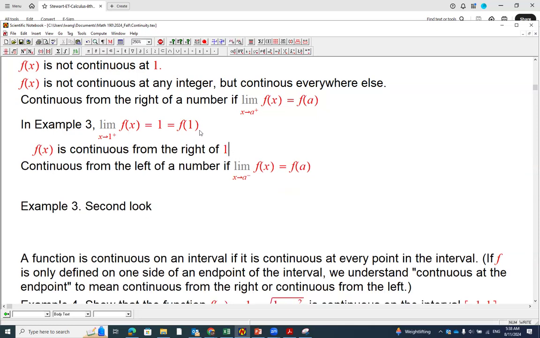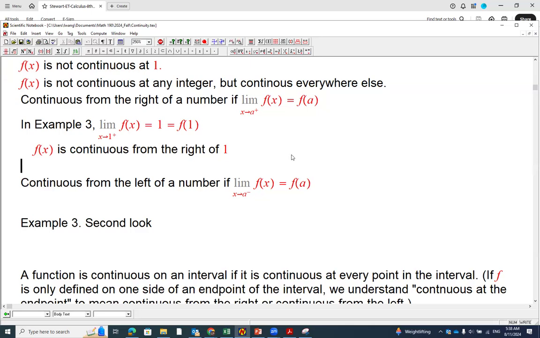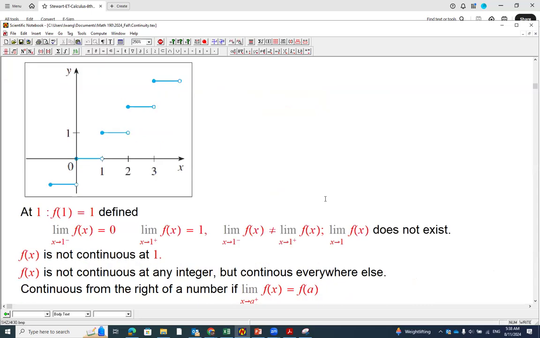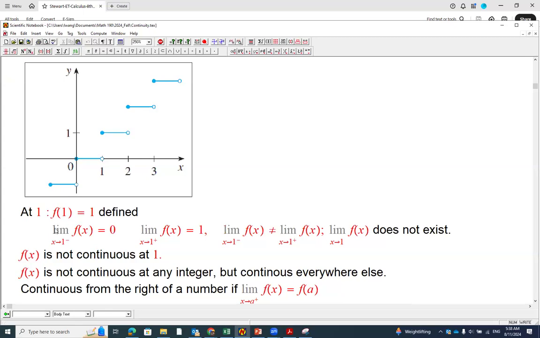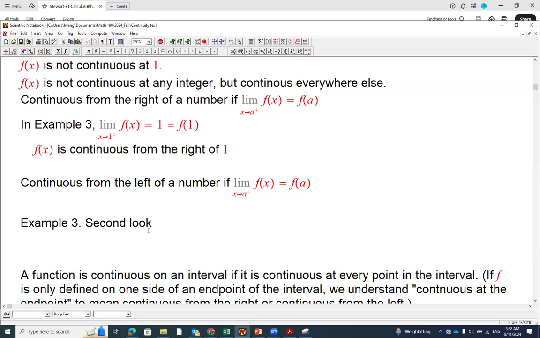That's how you say it. You basically quote the definition and replace it with the number of your interest. Continuous from the left is similar, but do we have continuous from the left? No, there's no continuity from the left.